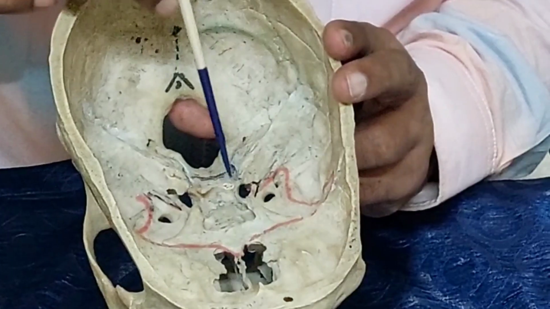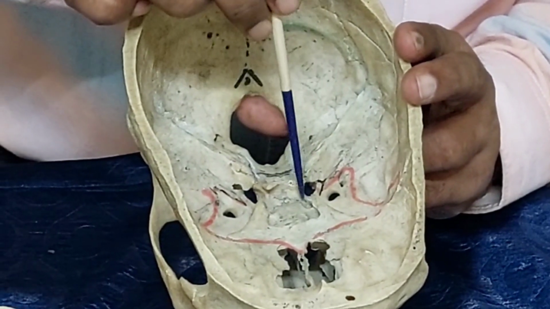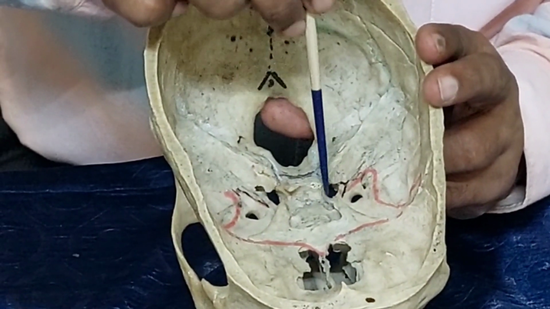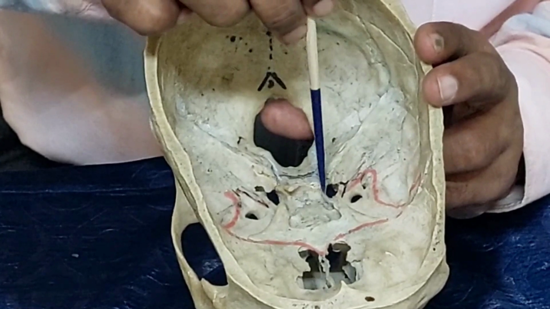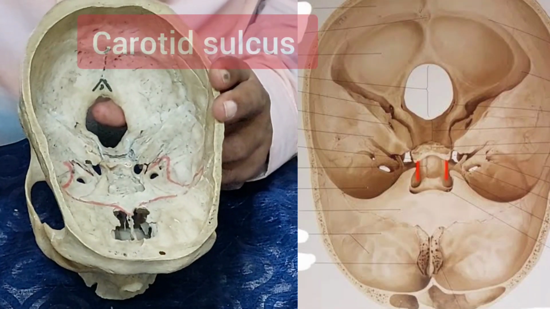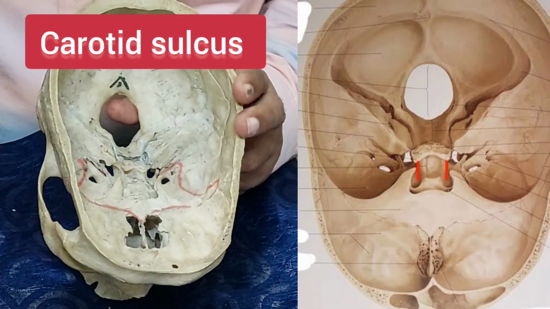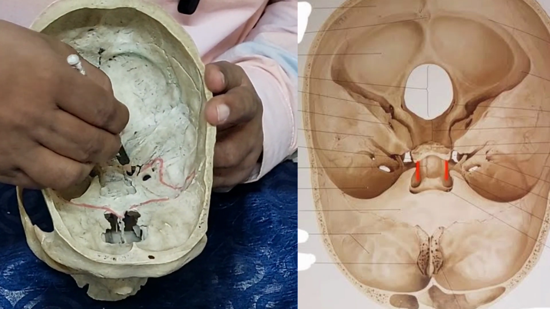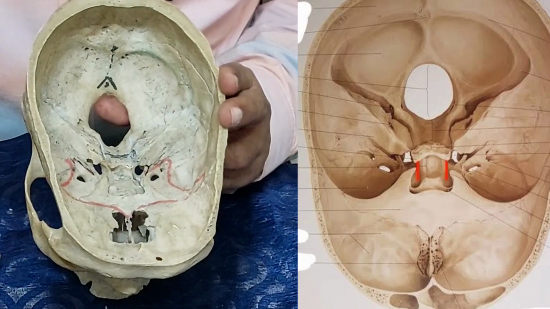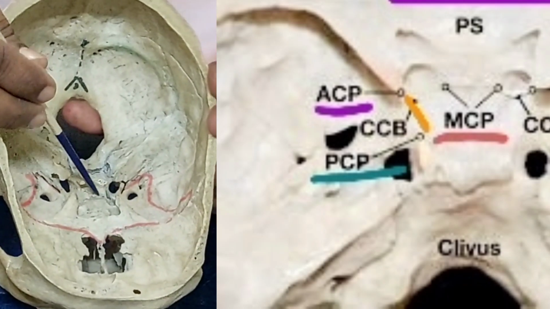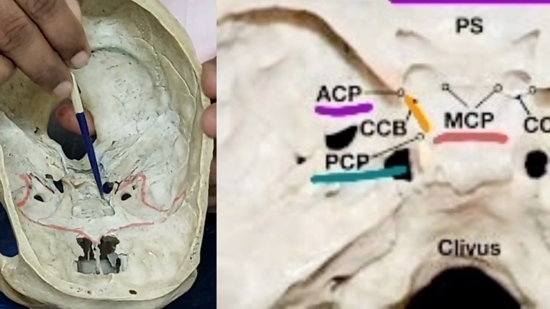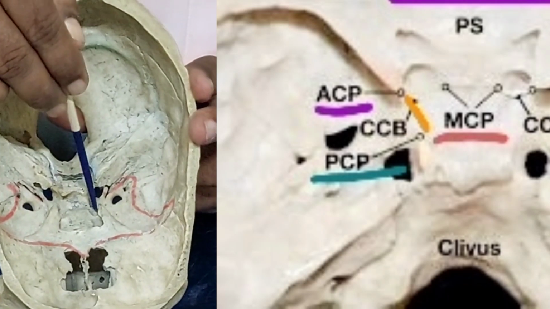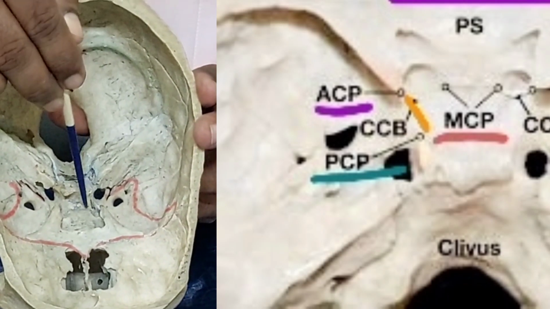And on each side here there is a depression or sulcus called the carotid sulcus, which lodges the internal carotid artery and also the cavernous sinus. And here you will get one small process. Can you see this small process on the lateral side?